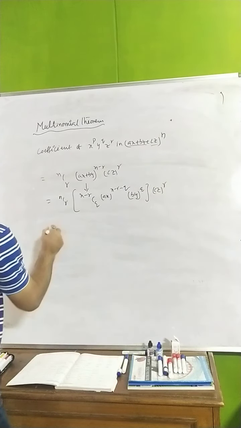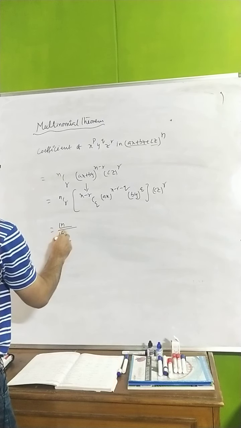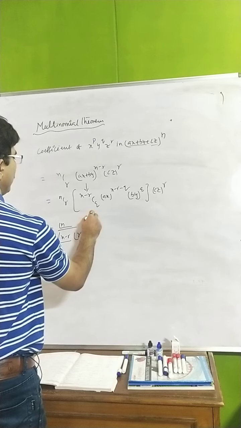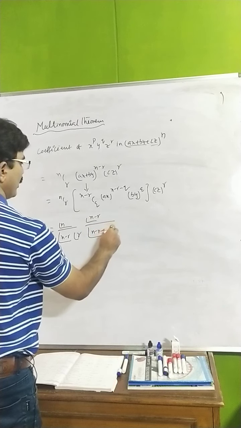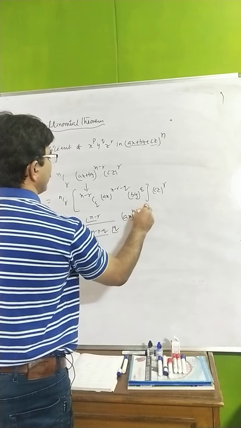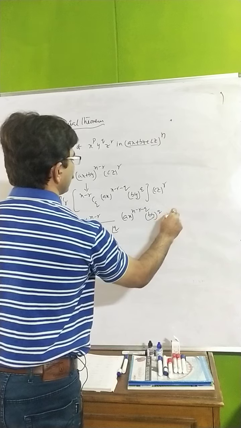Now I would like to simplify. See, n factorial by (n minus r) factorial into r factorial, and here (n minus r) factorial by (n minus r minus q) factorial and q factorial, and this is (ax) to the power of n minus r minus q, (by) to the power of q, okay, and (cz) to the power of r.